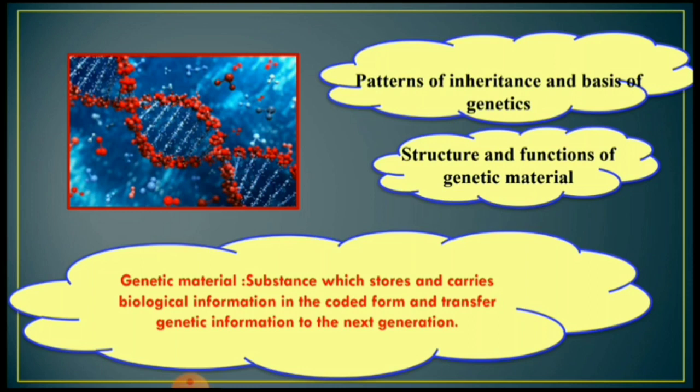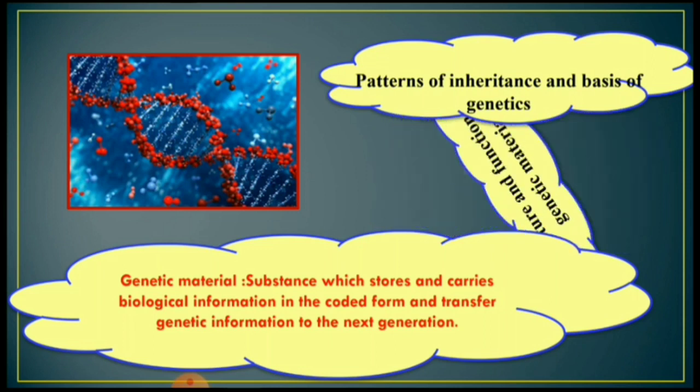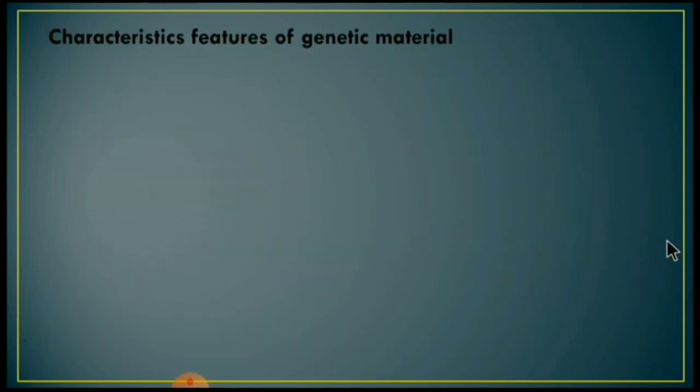The genetic material stores biological information in coded form, and that information is expressed in the form of proteins. So when you talk about genetic material, DNA and RNA act as genetic material.